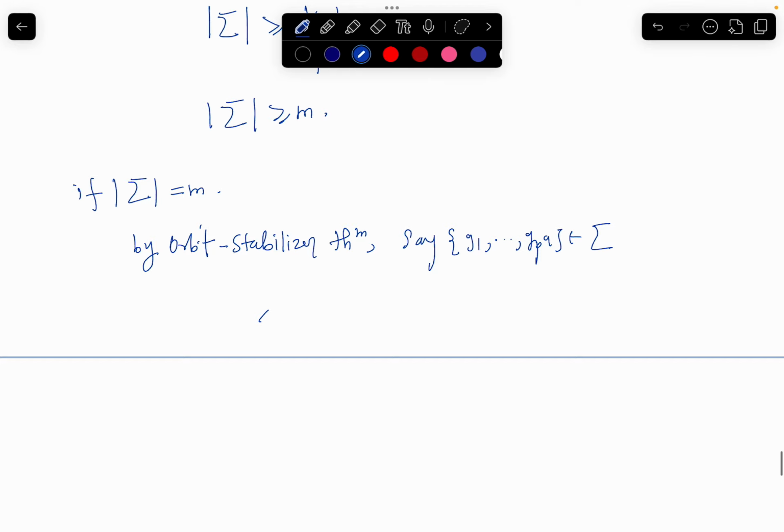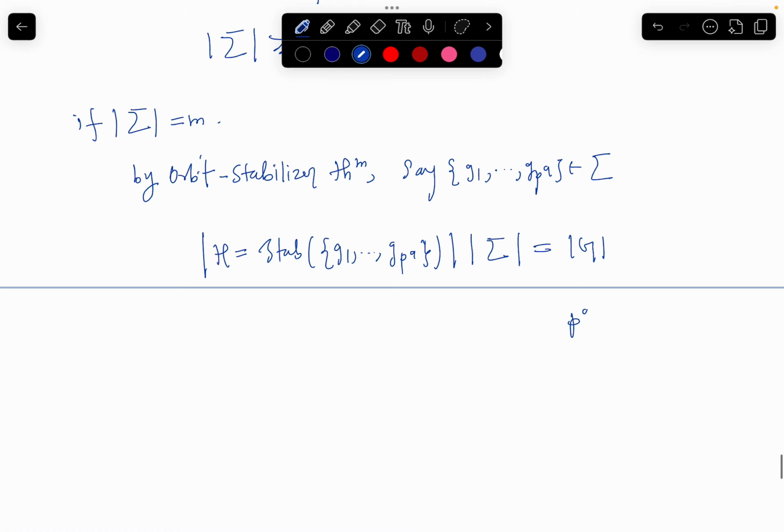So the stabilizer H of g1 to g p^a: the size of the stabilizer times the size of the orbit is the size of the group, that is p power a m.